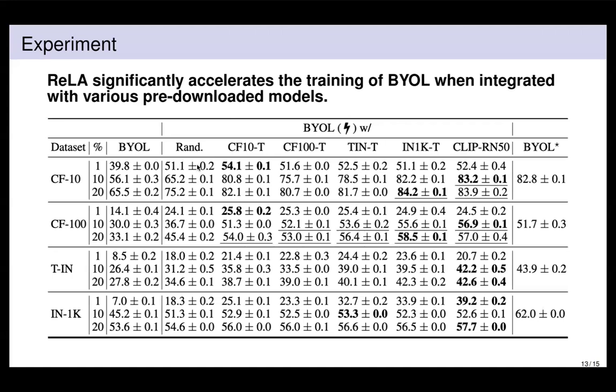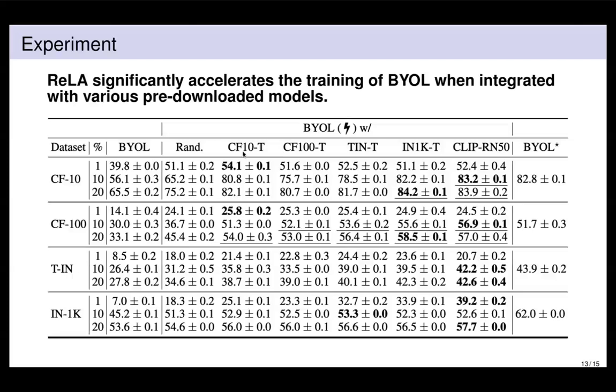The first one is a randomly initialized model, and the last is the very powerful CLIP. For the other four, the representation ability increases: the second is the CIFAR-10 trained model, the third is the CIFAR-100 trained model, then the Tiny ImageNet trained one, and the ImageNet 1000 trained one.